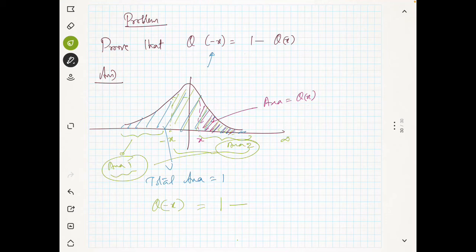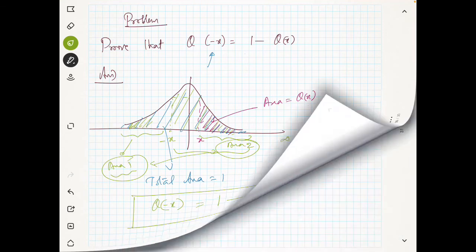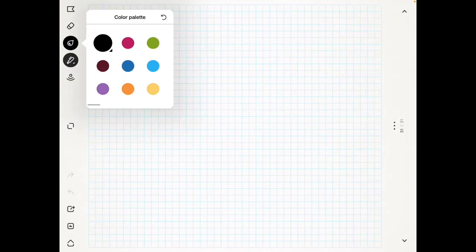So instead of this area I can use another area which is Q of x, right? So Q of minus x will be equal to 1 minus Q of x. This is the simple logical proof, but we will see it mathematically anyway.